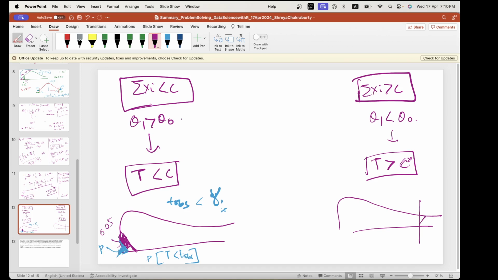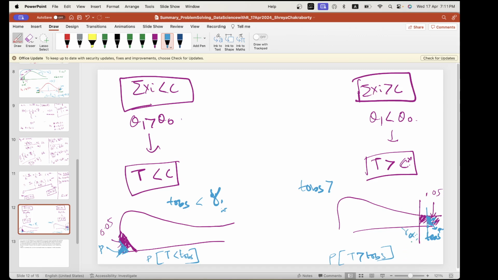Let's say this point is such that the area above it is 0.05, and if your t observed falls here on the x-axis, then this shaded area beyond t will give you the p-value. So p will be t greater than t observed, and your t observed should be greater than this cutoff point, some gamma upper alpha cutoff.